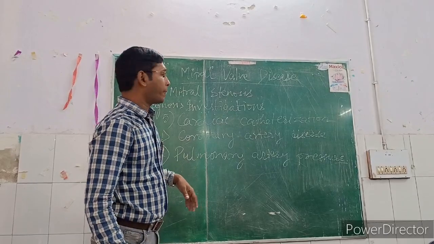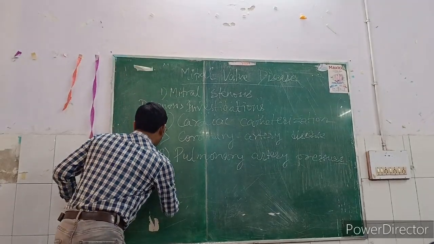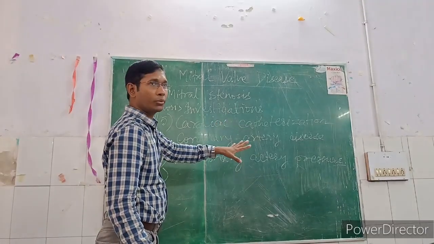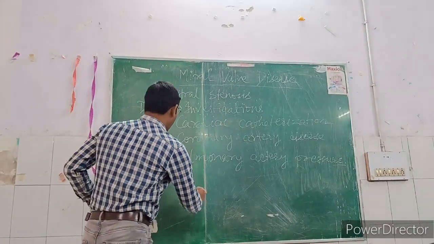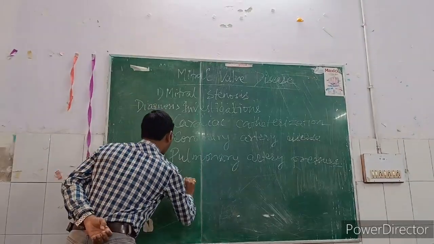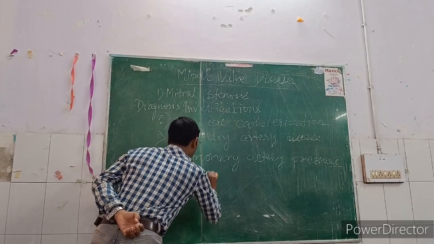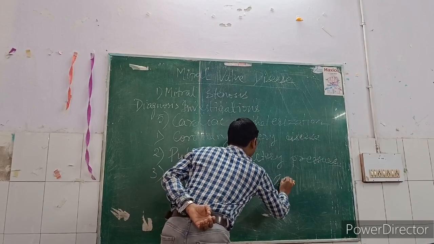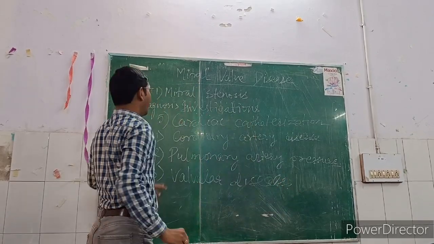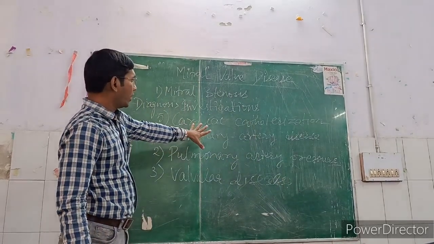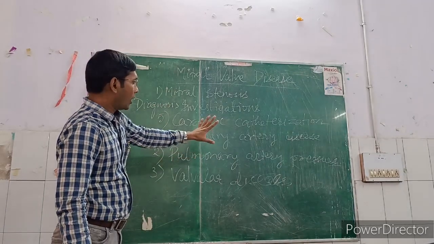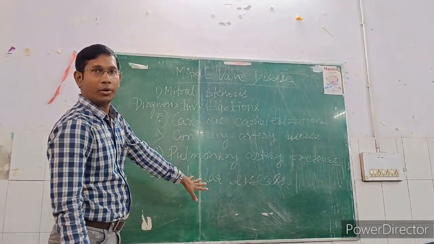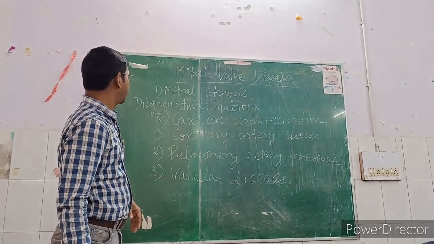And number three, through cardiac catheterization we can know whether there is mitral stenosis or mitral regurgitation. Through cardiac catheterization, we can find the associated coronary artery disease, pulmonary artery pressure, and valvular disease itself, whether it is a regurgitant lesion or a stenotic lesion.